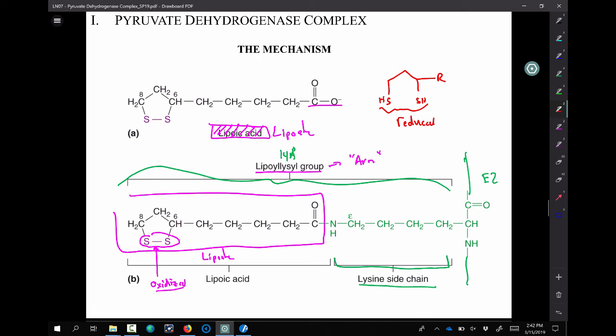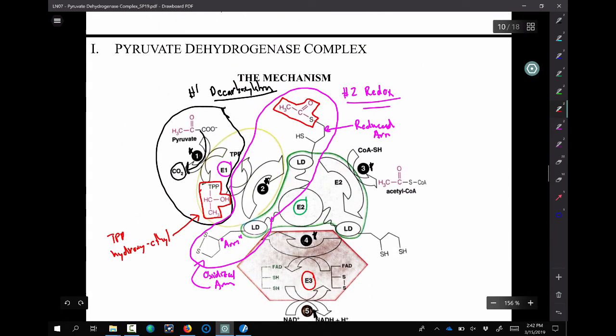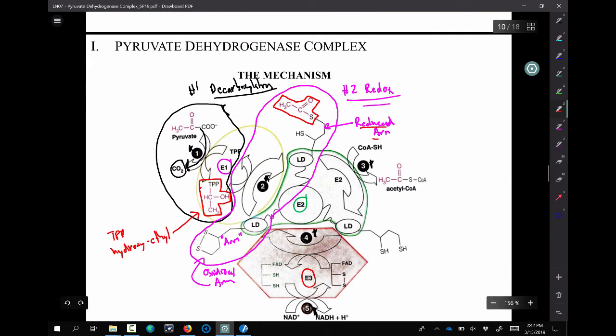So that's your arm. Coming back to this then, right? We have up here, I said the reduced arm up here because it's got that acetyl group on it, but the thiol groups have been reduced. Okay? It's carrying electrons, it's carrying an acetyl group, going back to some of the things that I've said it would do.